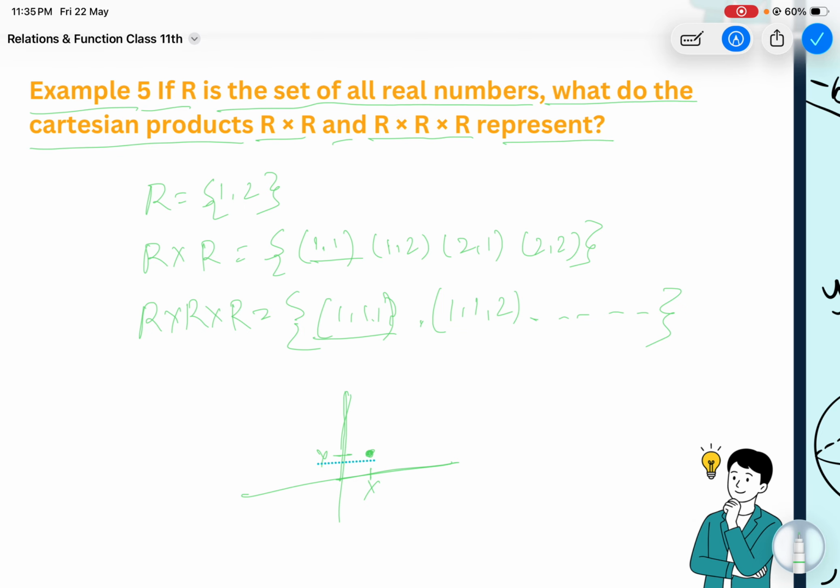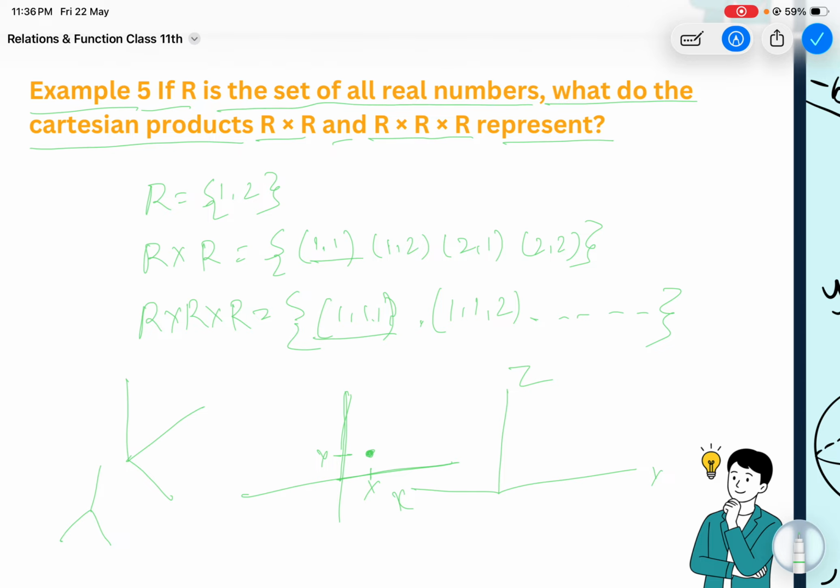But if we have 1 1 1, then we have to make a third axis. So suppose this is x, this is y, and this is z. I think I can represent this in a better way, or like this, I think.